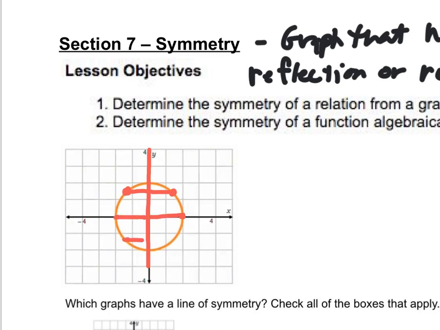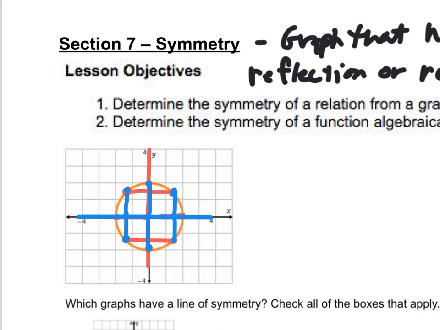With the circle you have an infinite number of lines of symmetry, but here we'll just talk about a couple. It also has a horizontal line of symmetry, and it would be equidistant to all of these points. Those points are then reflected over that line of symmetry to create those other points.